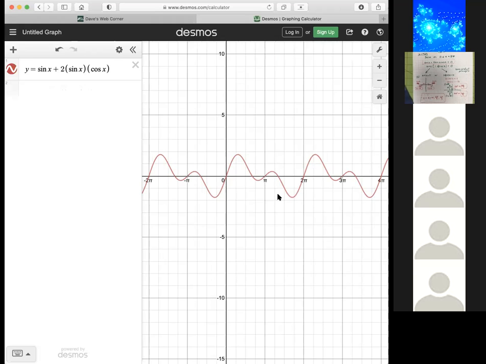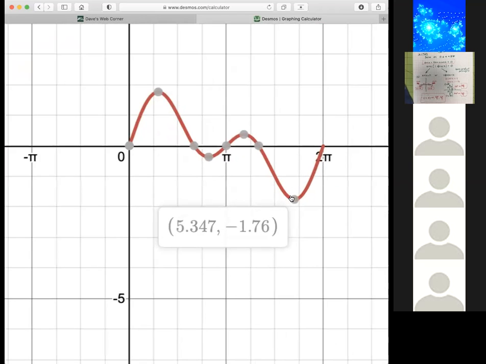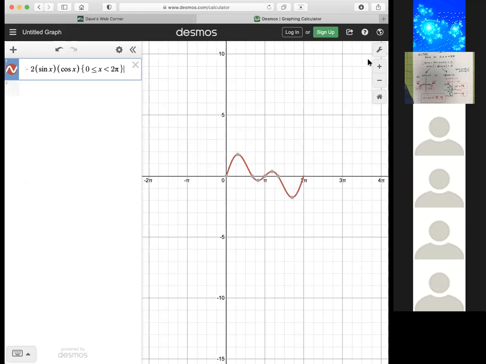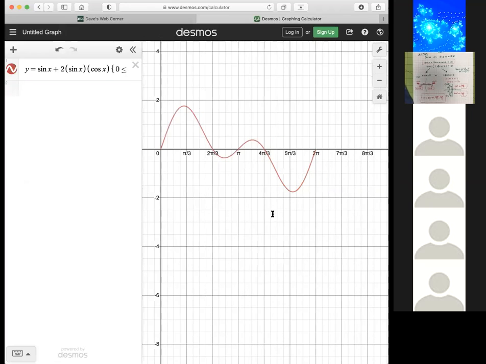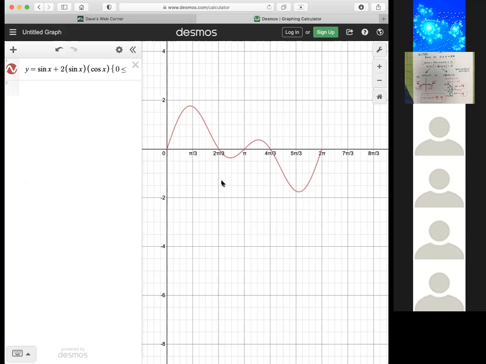Well, it thinks in terms of pi right now. Let me tell Desmos to only graph 0 to 2 pi. That might take away some of the distracting repeating. That's kind of nice. Notice I could type in the less than or equal to and the less than. And now I can expand this. Well, that's not the way I want to expand it. Let's zoom in here, and my pi over 3 kicks in.